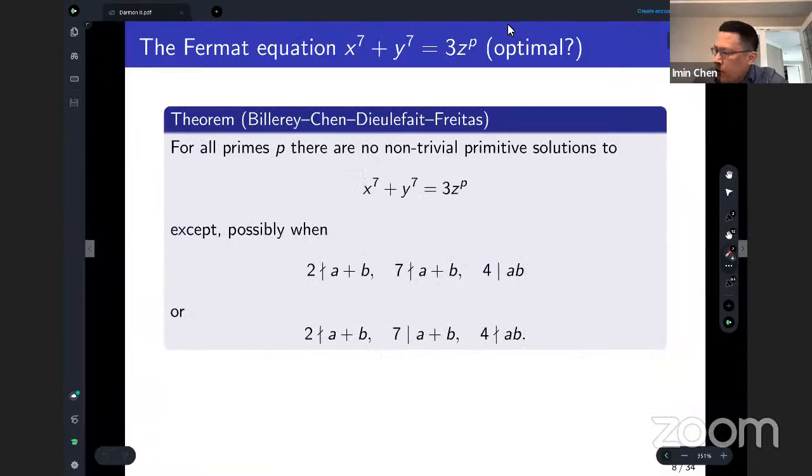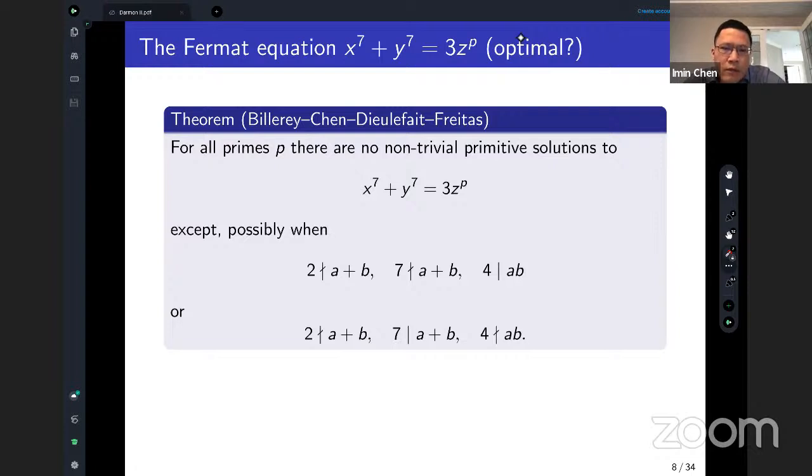So a natural question is, is it possible to prove an optimal result for this equation? What we did with my collaborators is to go through the modular method using the Frey elliptic curves that were constructed by Nuno Freitas and see what are the cases that we can do.